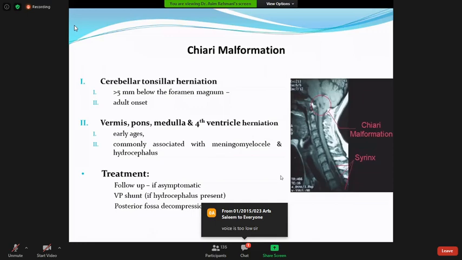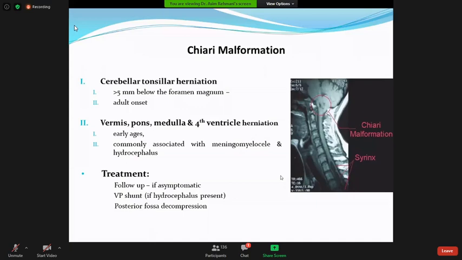Scientifically, if it is more than 5 millimeters below the foramen magnum, then it will be termed as type 1 Chiari malformation. It is usually found in adults and is associated with syringomyelia.